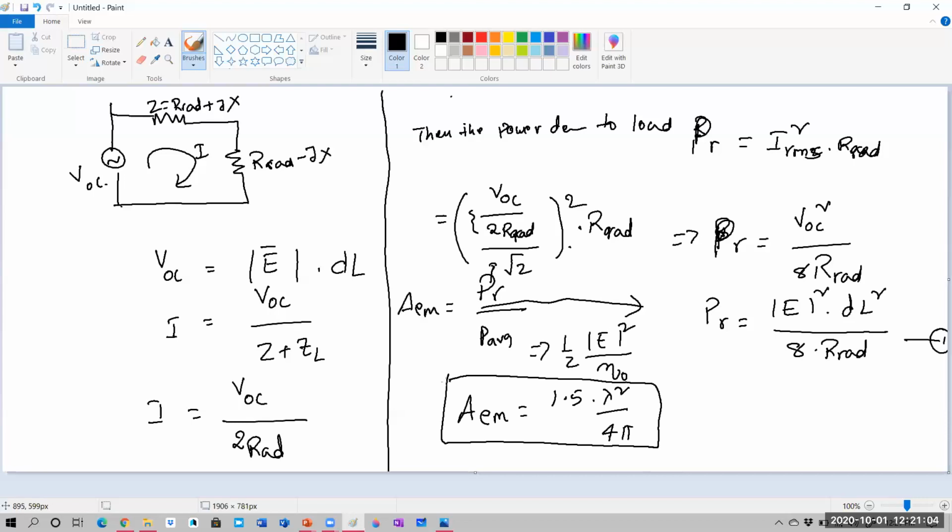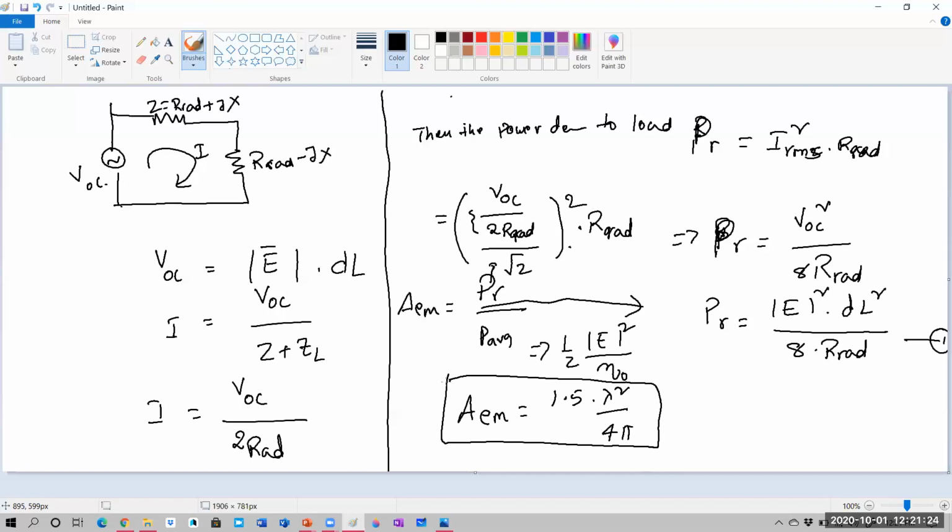So this is the effective aperture of a Hertzian dipole, derived with reference to maximum power transfer.